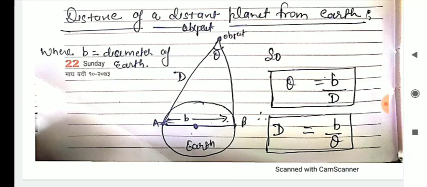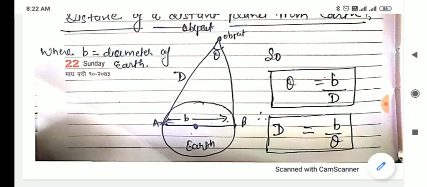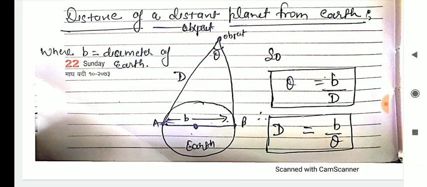So by the formula of the angle, angle is defined as arc upon radius. Now this basis will act as the arc for that particular circle, and the distance from the object to A will be treated as the radius of the circle.